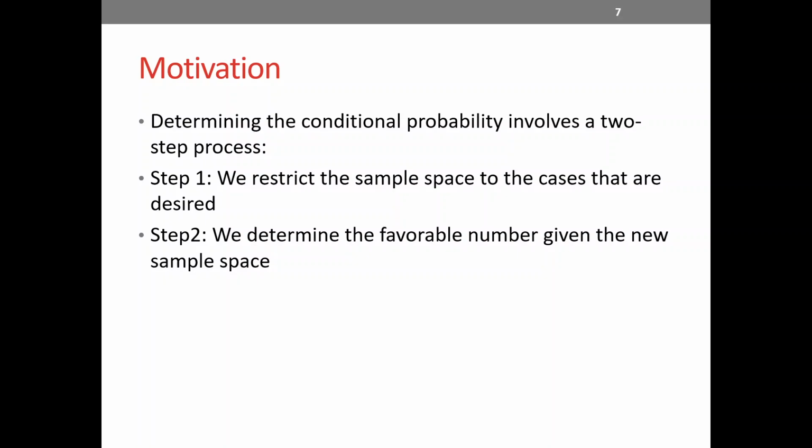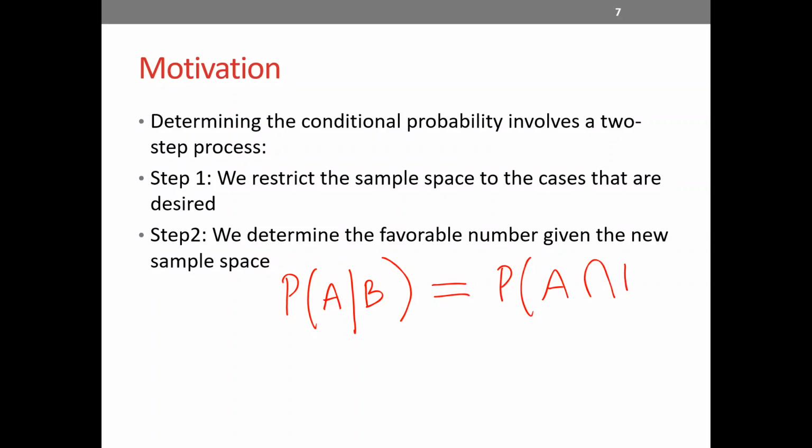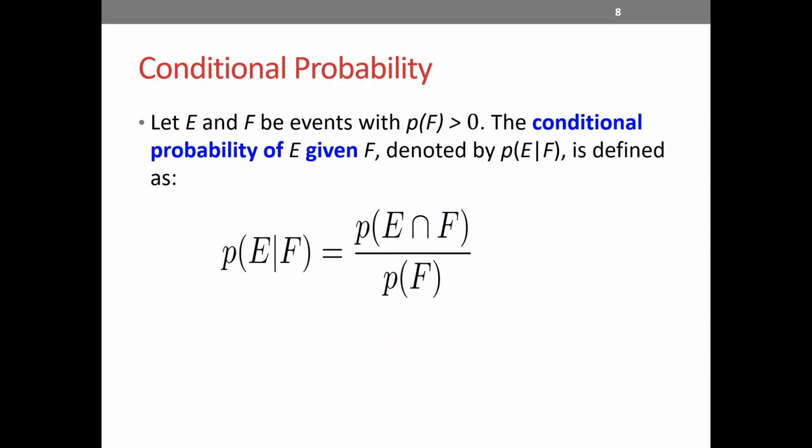Step 1, restrict the sample space as we saw in the student's example, and then determine the favorable number given the new sample space. And we know the formula: probability of A given B, which is how we denote conditional probability, is nothing but the probability of A and B where they intersect, over the total probability of B. And that's stated here as well.